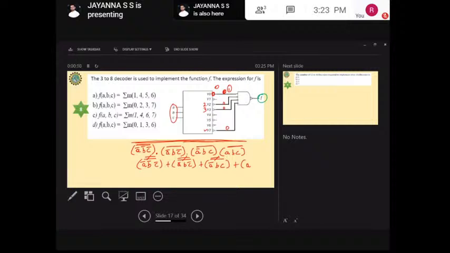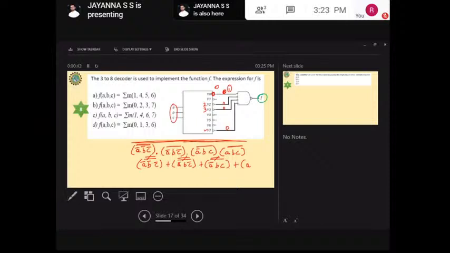This one is active low. Okay, fine. Here it is active low. Here it is active low.